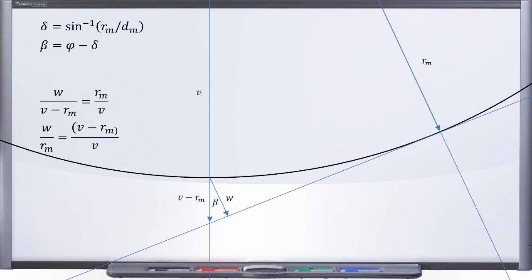And what we'll see is that we have a similar triangle. This triangle is just a little mirror of this bigger triangle.